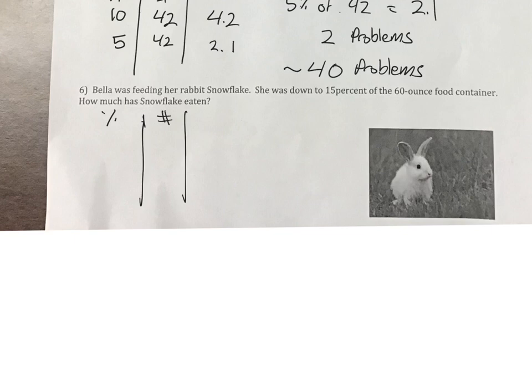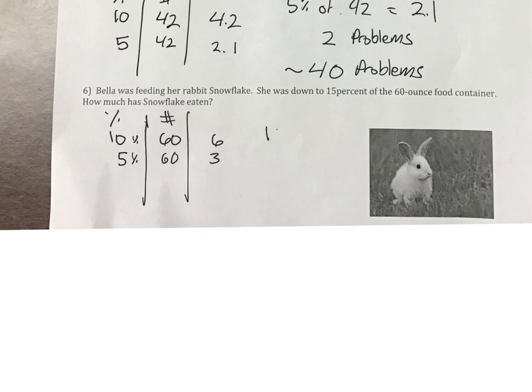All right, and Bella the rabbit, she was down to 15% of 60 ounces. So our number is 60, and let's get to 10%. 10% of 60, what is that? That is 6, right? And then 5% is half of that, which is 3.